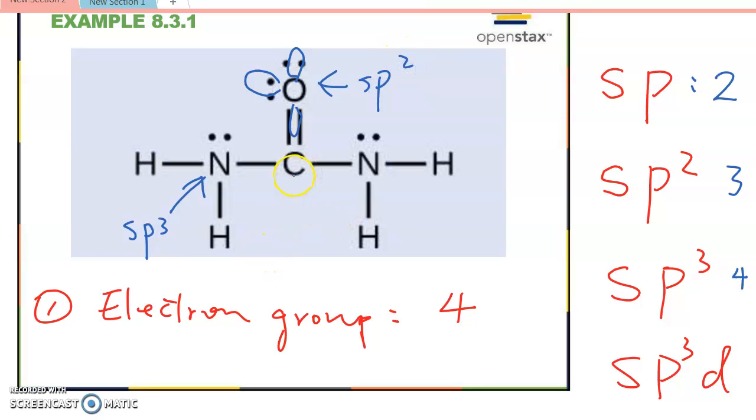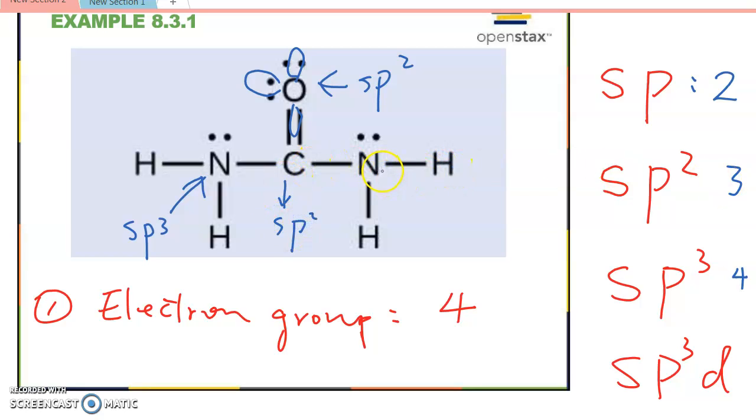Let's look at this carbon over here. How many electron groups does this carbon have? 1, 2, 3. So 3 electron groups. What type of hybridization would that be? sp2. 3 electron groups, so this one is also sp2.